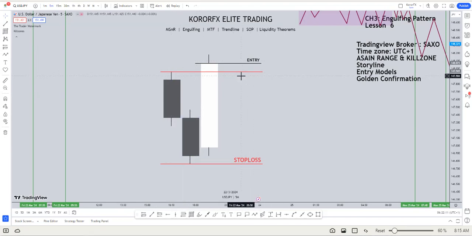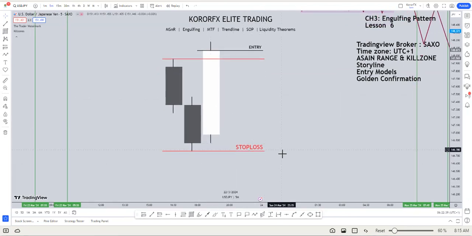Whenever it engulfs the body and the wick, not only the body, whenever it breaks all the wicks and bodies above it and closes there, we have an entry. That is where we will set our entry, and our stop loss below the low of the engulfed candles. That is where we always place our stop loss.